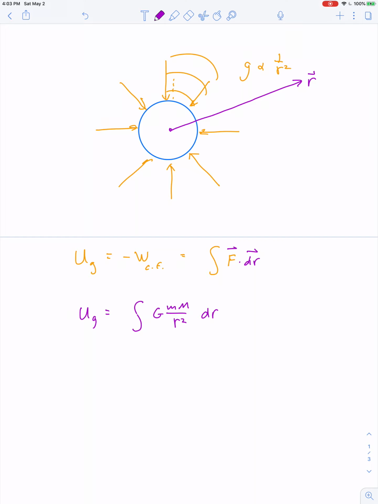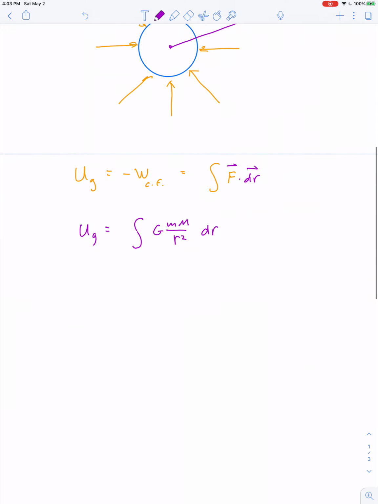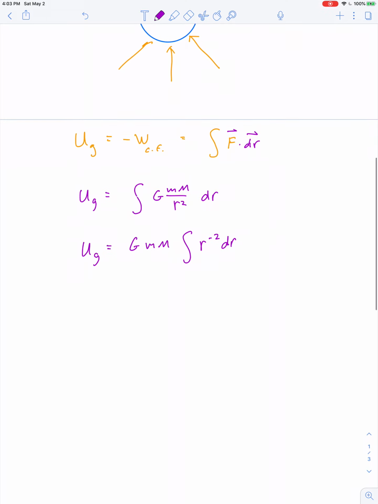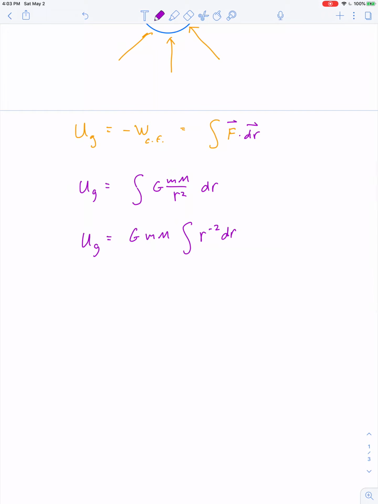We have dr. Okay, so gravitational potential energy is equal to G m times the integral of r to the negative 2 dr. So gravitational potential energy is negative G m over r.